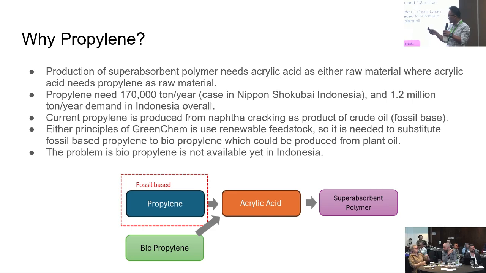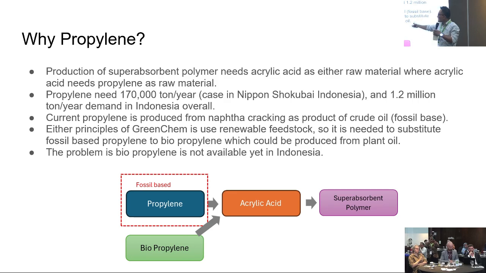Okay, and then Nippon Shokubai needs about 170,000 tons a year of propylene to produce SAP. In Indonesia, it is about 1.2 million tons a year overall, mostly supplied by the company Chandra Asri in Cilegon.